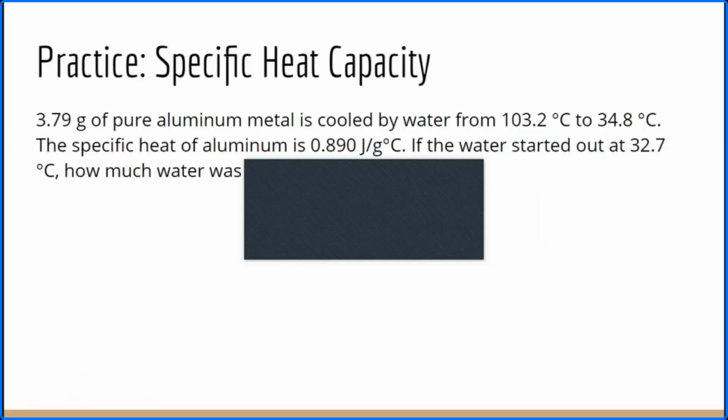If the water started out at 32.7 degrees Celsius, how much water was used to cool the aluminum? So this is a bit of a different problem here. We're actually given a system where we have two different specific heat capacities and two different substances that are changing temperatures.